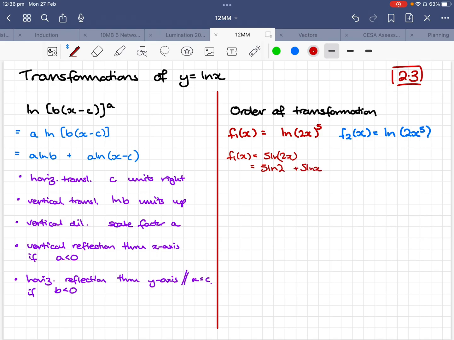That means that this here is a transformation. We have a vertical dilation with a scale factor of 5, then a vertical translation, 5 ln 2 units up.